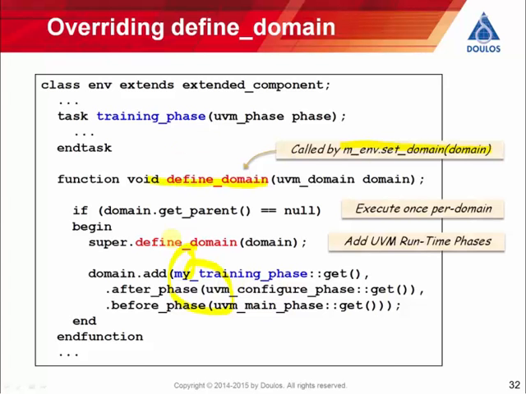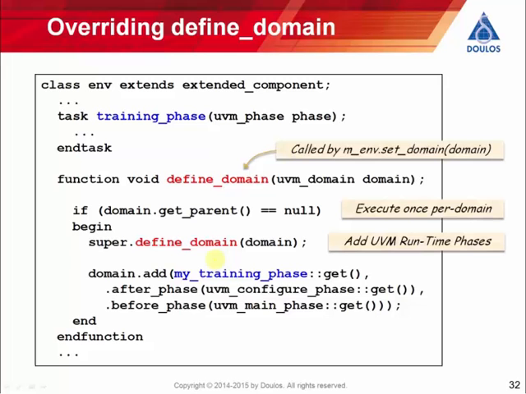So each time we call this method, we'll find another training phase added between configure and main phase, and another, and another. Wow, what a pitfall. So you insert a phase in defineDomain, call setDomain repeatedly, and the schedule keeps growing, which is probably not what you meant.